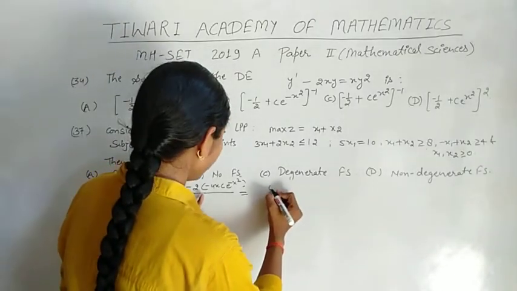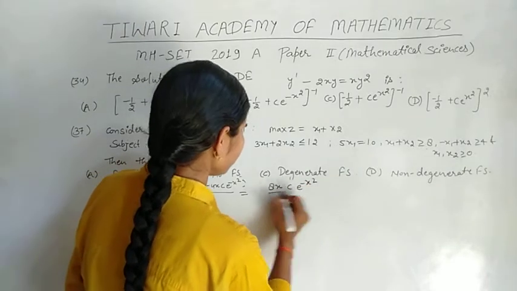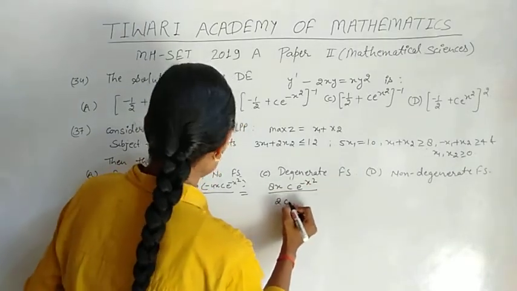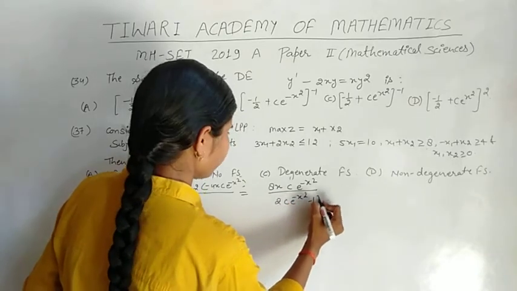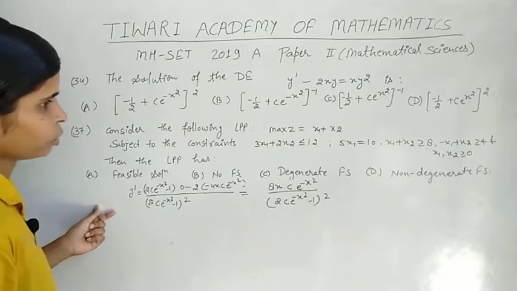This is equals to 8xc e raised to power minus x square by 2c e raised to power minus x square minus 1 whole square. This is the value of y dash.